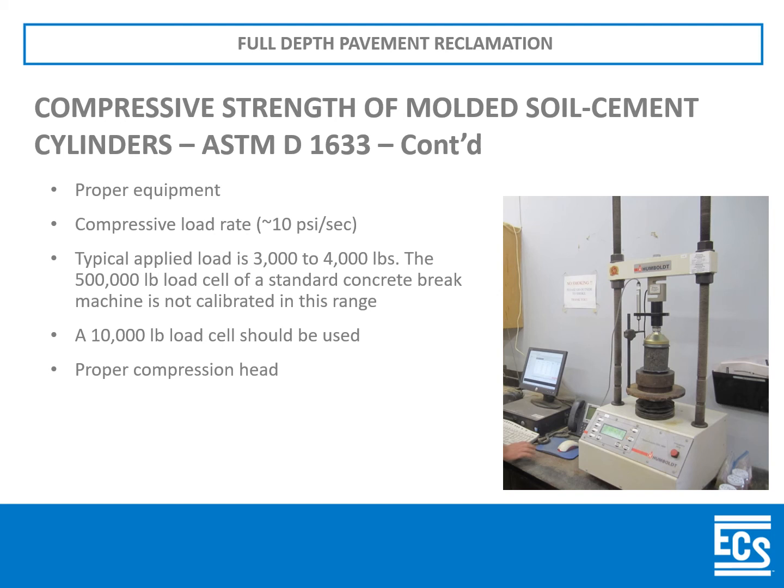Now, as you see on this also, we have the proper head, the proper sized head that's specific for the soil cement cylinders, or the FDR cylinders. You should not, once again, be breaking this with the 6-inch compression head that you might have on a concrete break machine. So once again, it's critical to have the proper equipment in order to conduct this test.